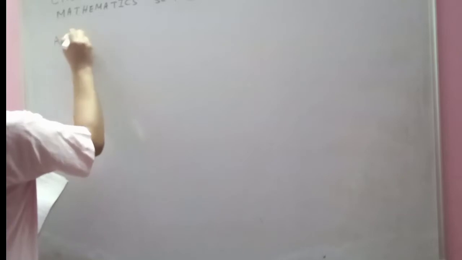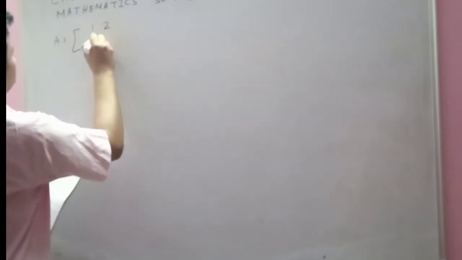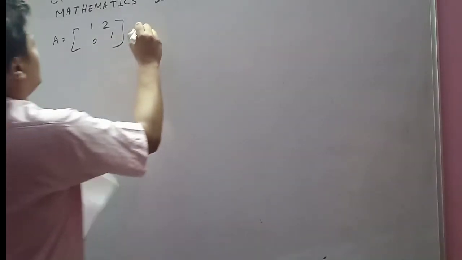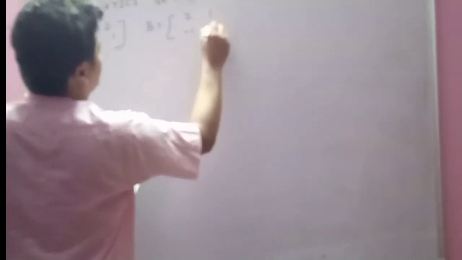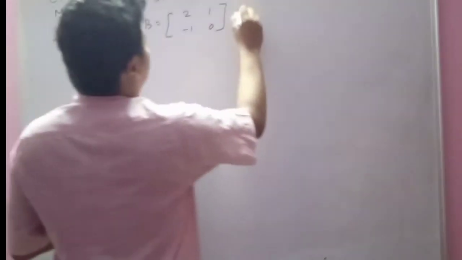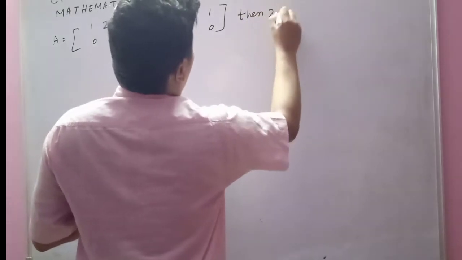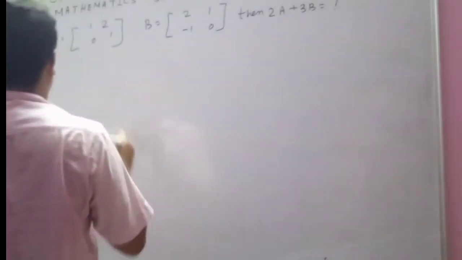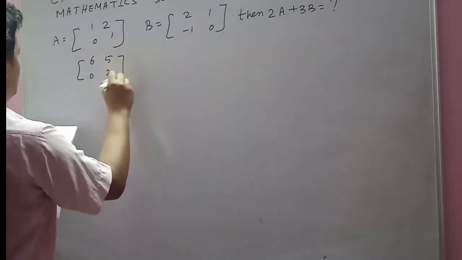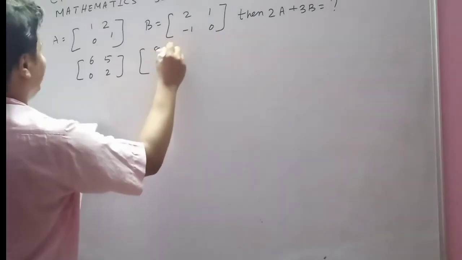A equal to [1, 2; 0, 1], B equal to [2, 1; -1, 0], then 2A plus 3B, options: 6, 5, 0, 2, 8, 7.